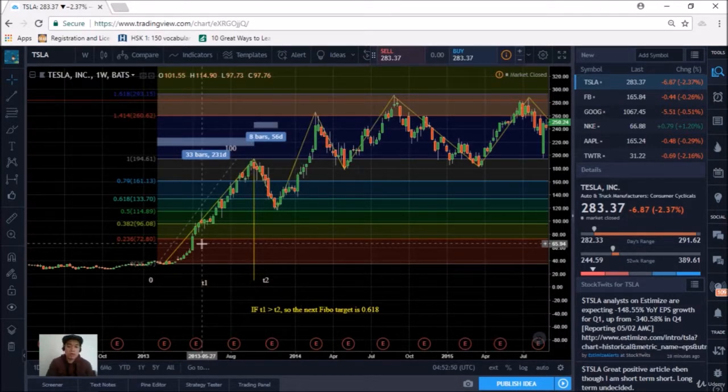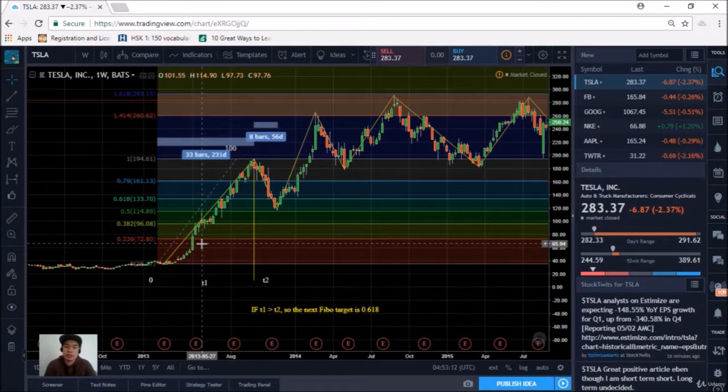Now regarding the retracement, there's nothing we can do about it. Usually a retracement can retrace at 0.618, 0.5 and 0.382 of Fibonacci retracement.